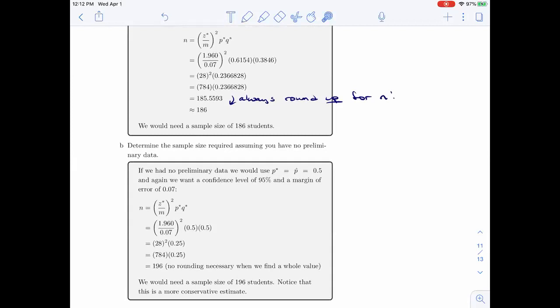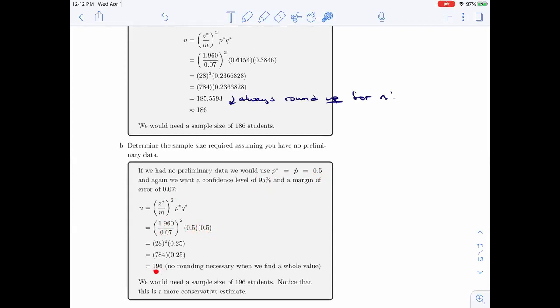Whereas if we used 0.5, assuming that we don't know anything about the sample proportion, we're still using a 95% confidence interval and a margin of error of 0.07. So these things stay the same. The only thing changing is the P star, which we're now using 0.5 and 0.5.